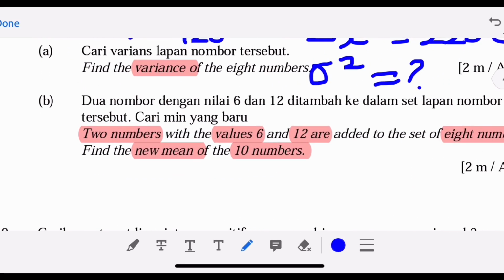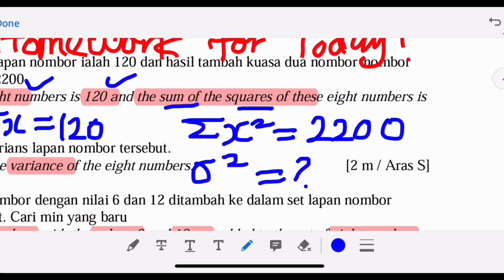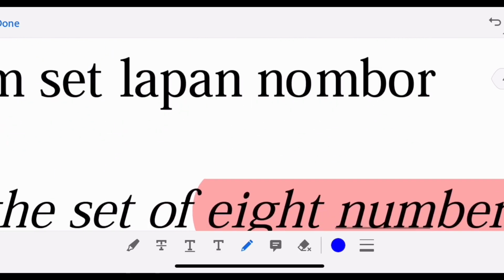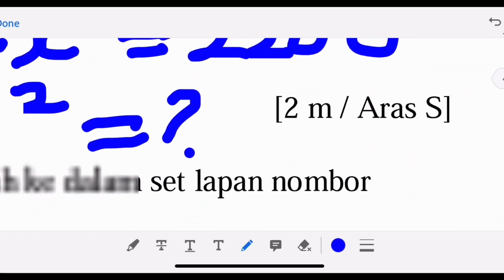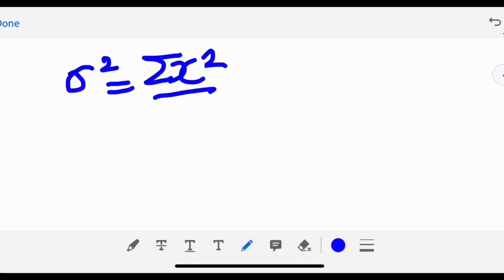So still remember, the variance formula is summation of the data square over n minus mean square. So I'm going to write the formula for you, and then you substitute all the values or information from the question. Here we go. Variance is summation of data square over n minus the mean square, right?